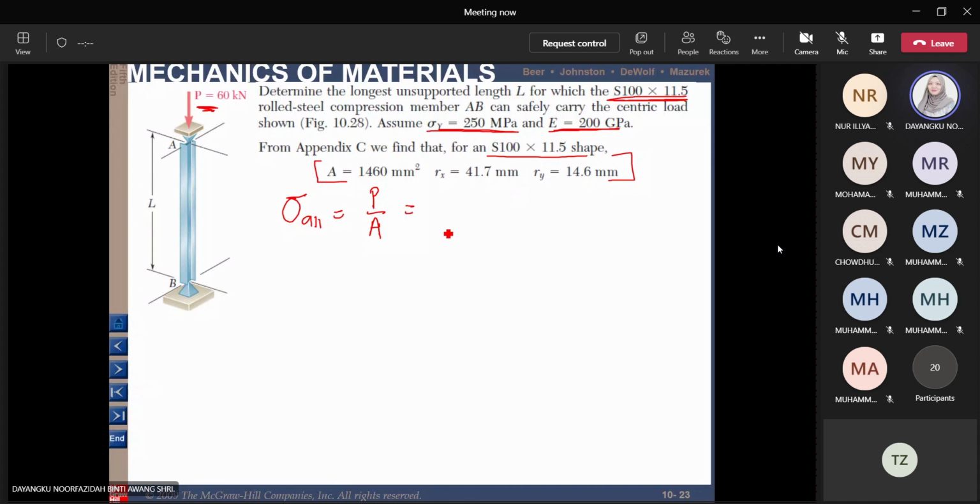So P is 60 kilonewton, and then our area is 1460 millimeter square. So you need to times it with 10 to the power of minus 6 to change it into meter square, so that you can get your value of stresses in Pascal.